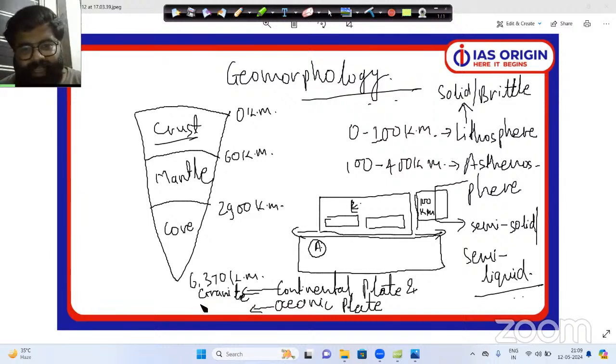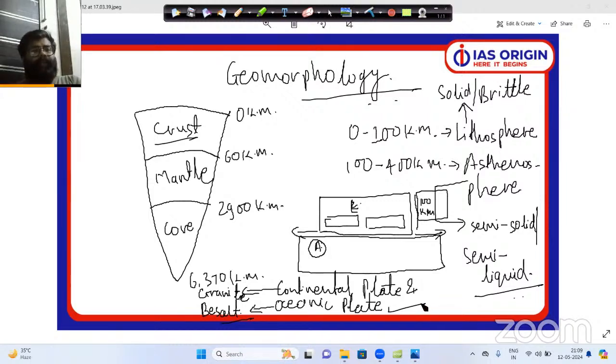And if there is any plate which is made up of basalt, that is basically known as oceanic plate. So there are two types of plates floating or moving under the lithosphere, and when these two plates move alongside, this is basically what we know as plate tectonics. And because of these plate tectonics, we see many types of physical features on the surface of the earth.